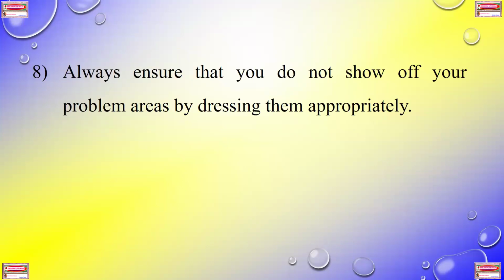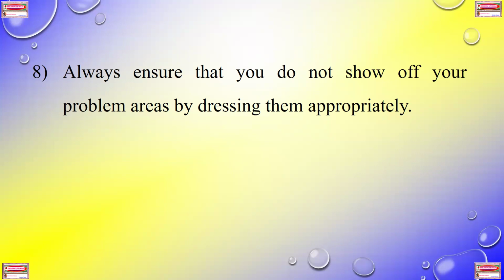Number eight, always ensure that you do not show off your problem areas by dressing them appropriately. If there are parts of your body that make you uncomfortable, that make you feel uneasy, that make people talk about you, it is good to think about those parts as you dress. Why?